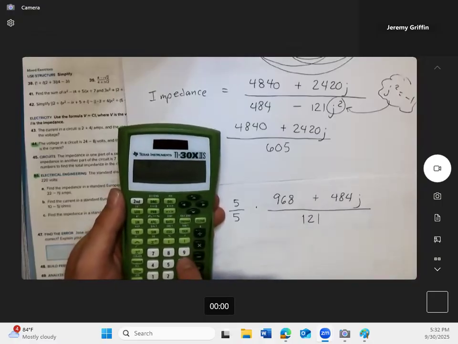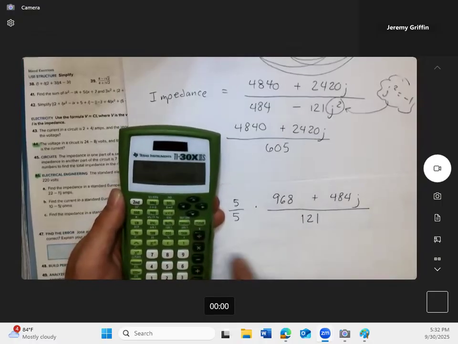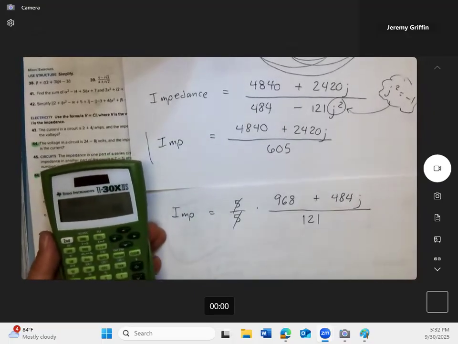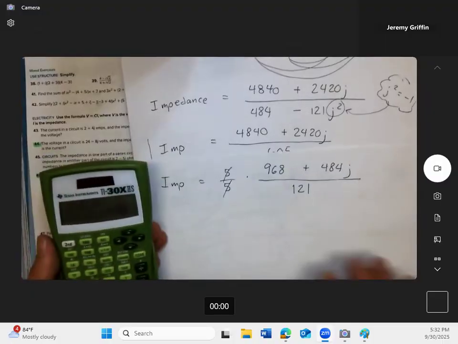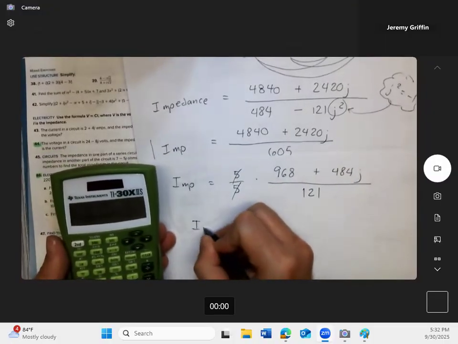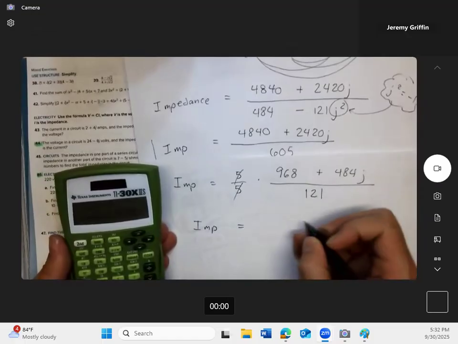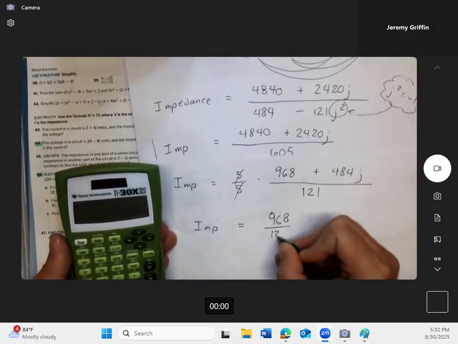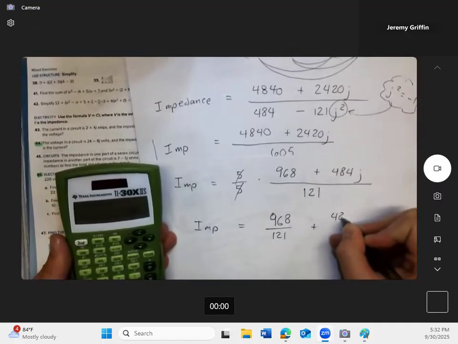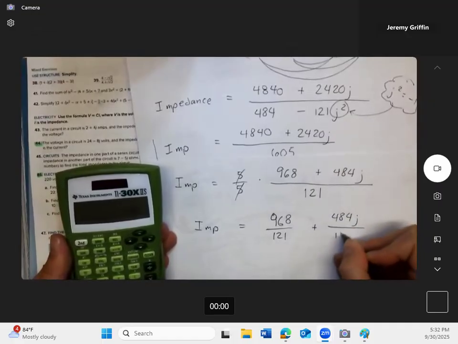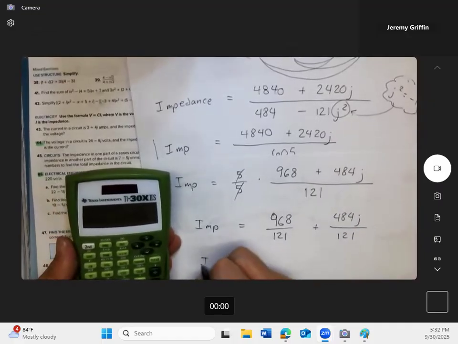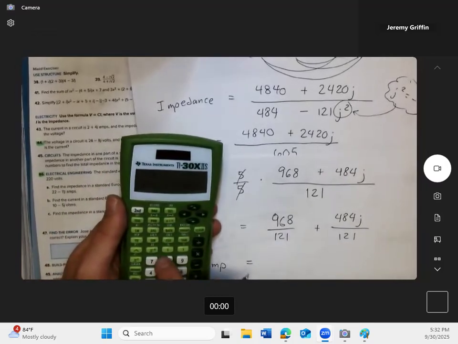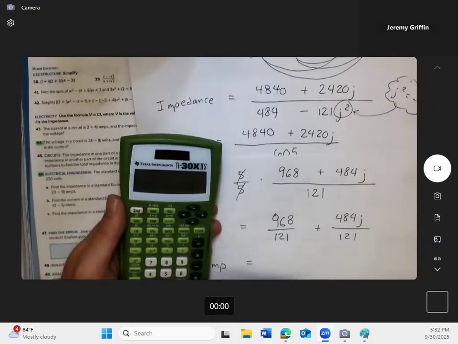So can I divide 968 by 11? Oh, actually, I can. That's interesting. I wasn't really expecting that. All my numbers are multiples of 11. So I'm going to split this up into different fractions: 968 over 121 plus 484j over 121. That first fraction does reduce. 968 over 121 is 8.